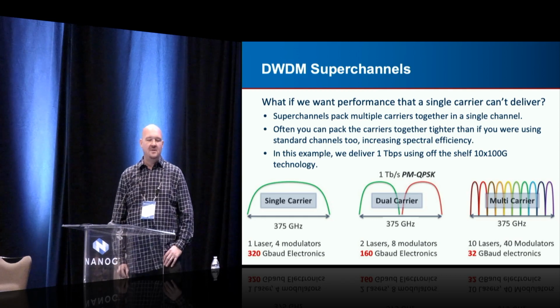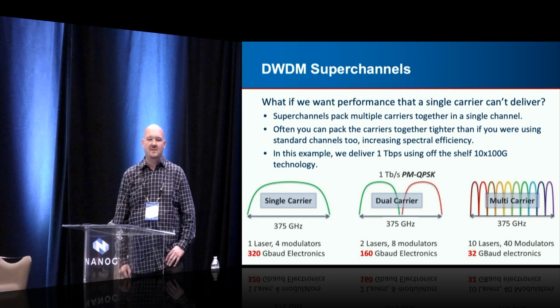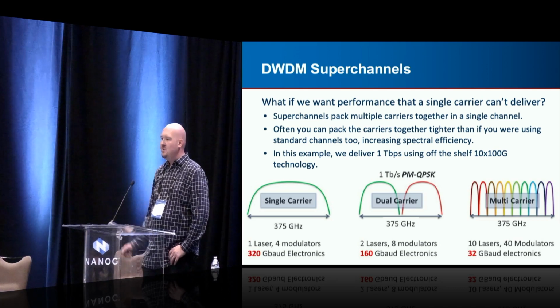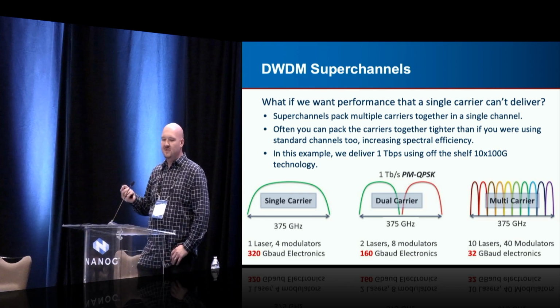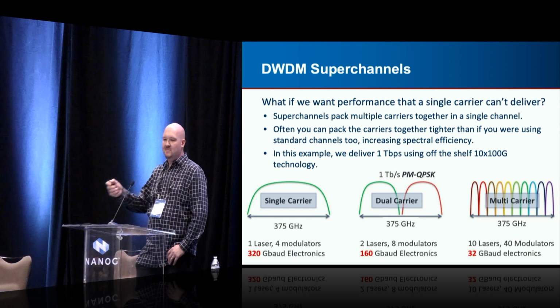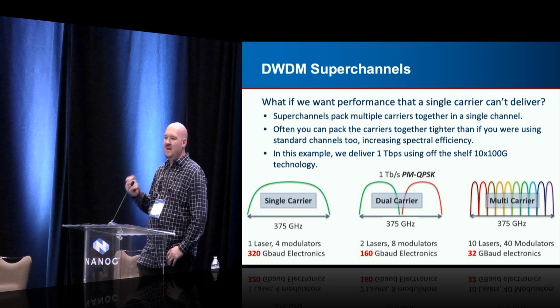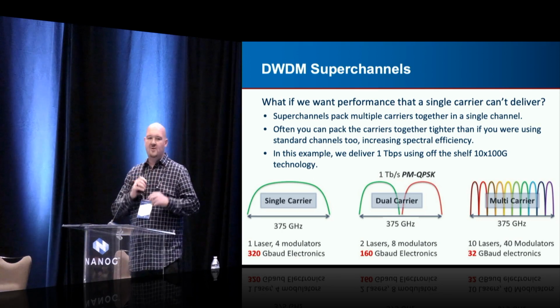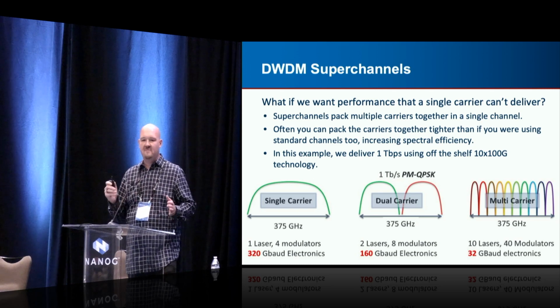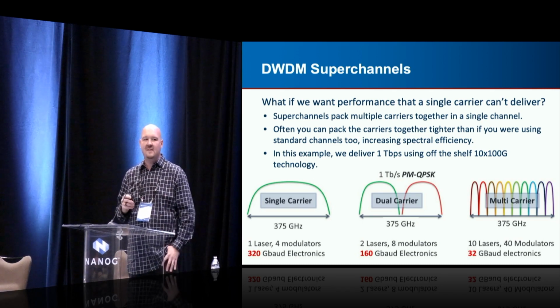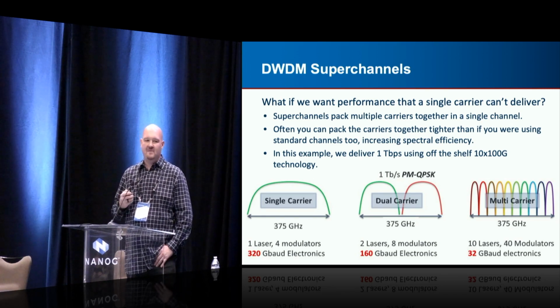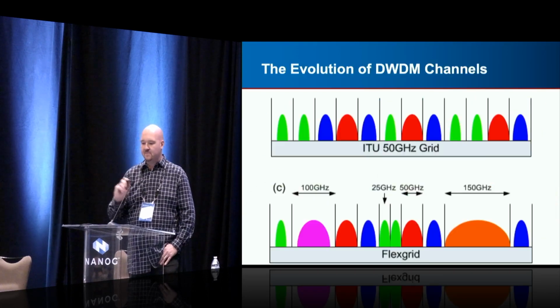So sometimes you can just get more efficient about the channel packing, or you can just think of it logically as a single channel. You never had the ability to pull a single one of those out. It only behaved as though it was one larger channel, but it's actually a super channel of many different subcarriers inside that operate at a level that we actually have the technology to do.